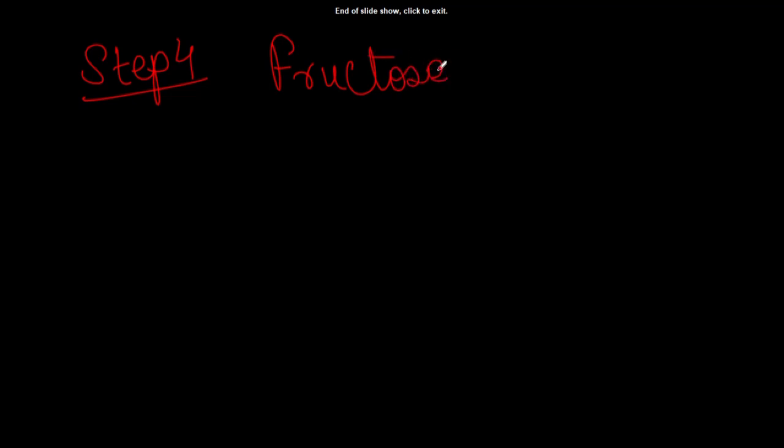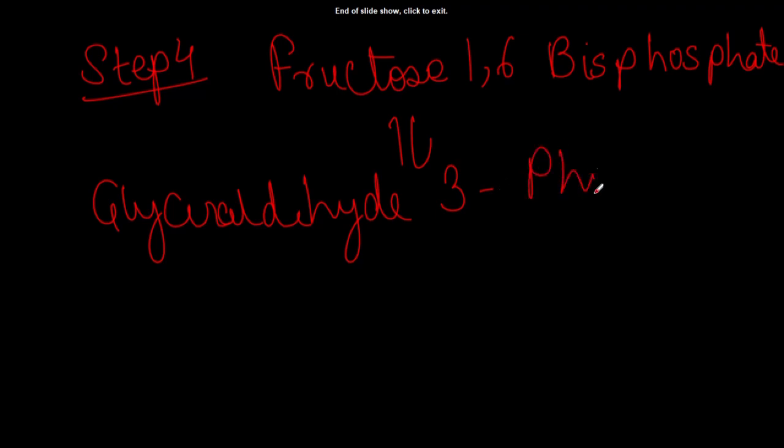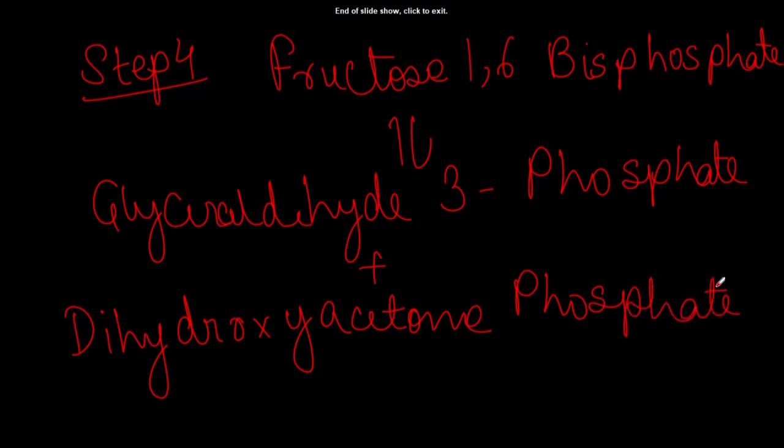Okay, so in the next step, step number 4, fructose 1,6 bisphosphate gets converted into glyceraldehyde 3 phosphate and dihydroxyacetone phosphate by the action of aldolase.